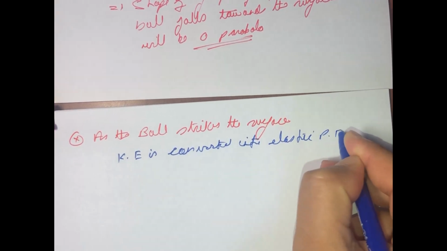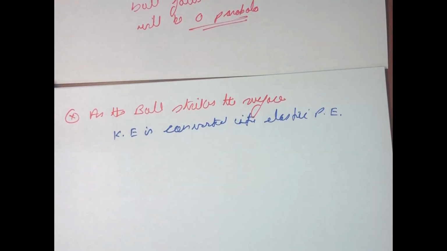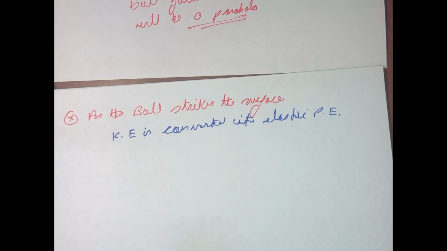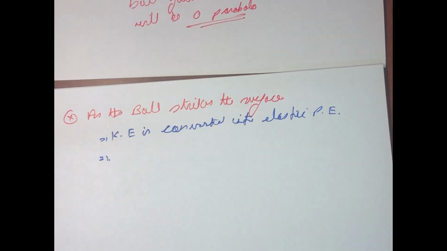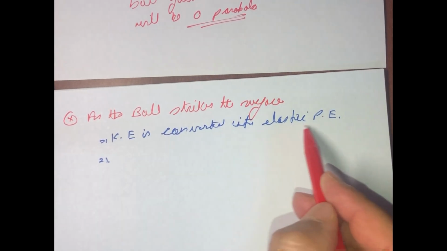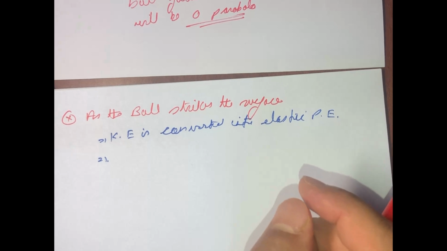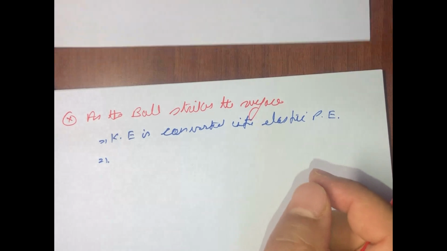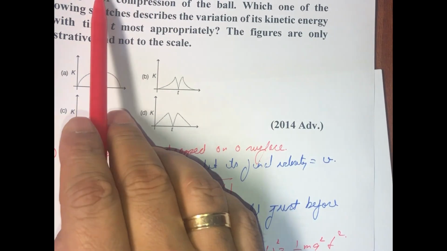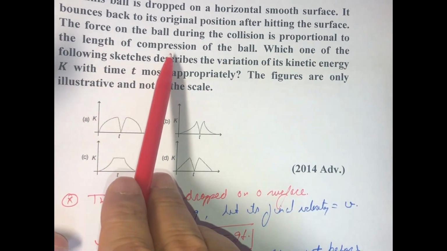Secondly, this elastic potential energy means the force acting on the ball is like a resistive force, because it is given that the force on the ball in the collision is proportional to the length of compression of the ball.